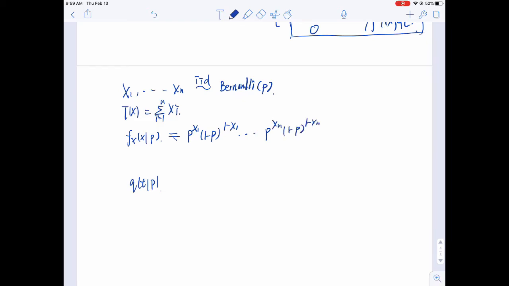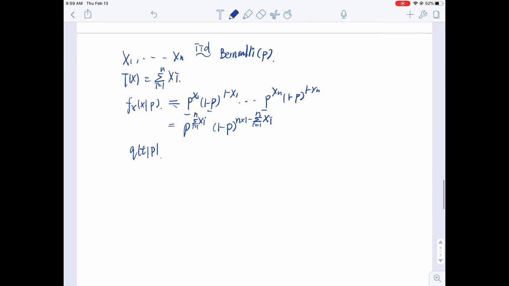So let's do the joint distribution, which is simply the product of each marginal, like we did before. And let's combine the p terms. So we will have p to the power of the sum of xi from i equal to 1 to n. We basically sum up the exponents. Similarly, 1 minus p to the power of, since we have n factors of 1 minus p, n times 1 minus the sum of xi from i equal to 1 to n.